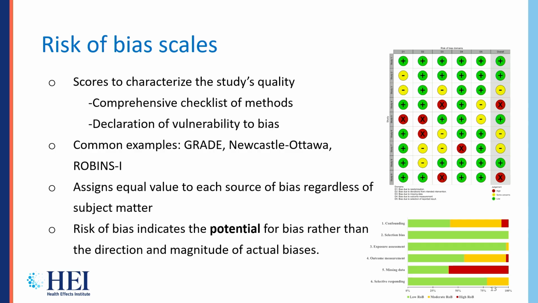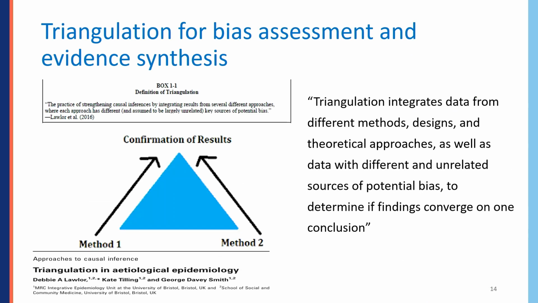So it's a cookbook approach that I think, I'm being provocative here, I recognize we all do it, and I'll come back at the end to why we do it, but it is not the most thoughtful way to consider bias in my view. Now, triangulation is really a way to use studies in conjunction with one another.